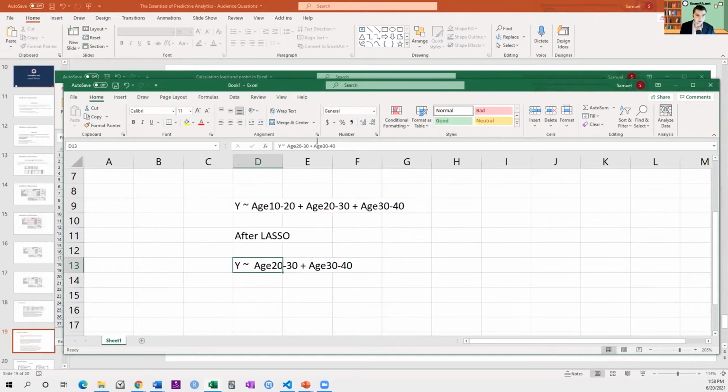And so at that point, if a person isn't in age 20 to 30 or in age 30 to 40, then you can infer that they have to be in age 0 to 10 or 40 plus, right? So that would be the reference level.